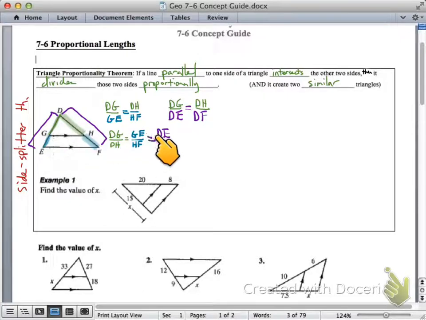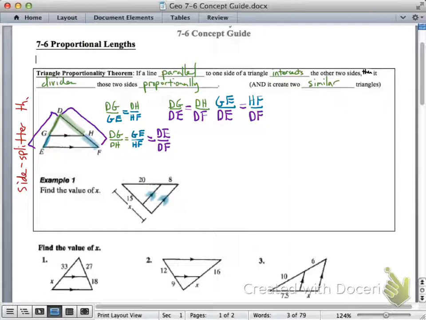Any pieces and parts of that you desire will work. So there's lots of options when we're talking about these sides being split. GE over DE equals HF over DF, this part as well. Okay? Let's go look at this example down here.